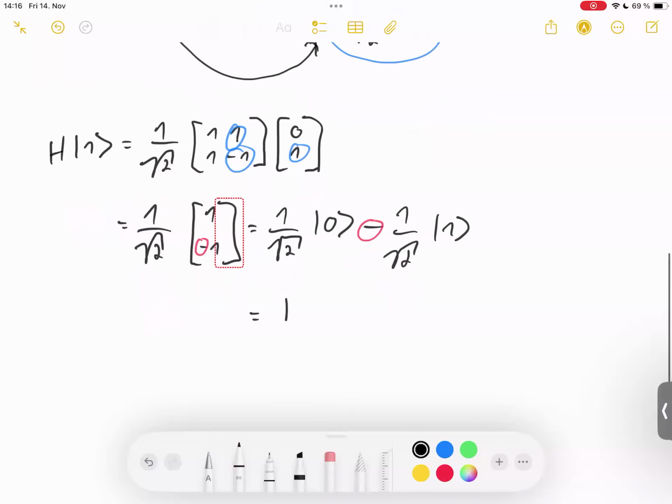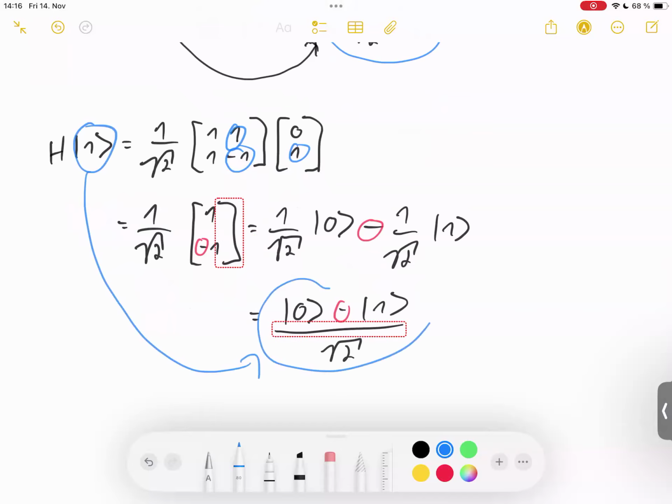We can rewrite this as 0 ket minus 1 ket divided by the square root of 2. So the 1 ket gets transformed to this equal superposition. This is also a good summary of what we did so far with multiplying states with unitary matrices.